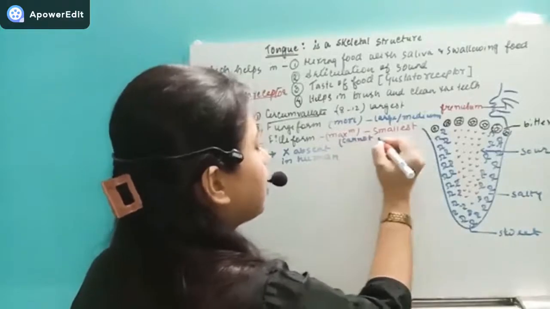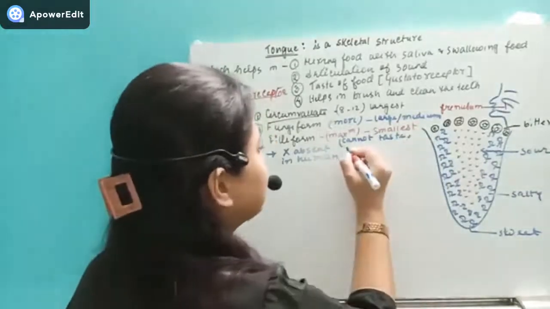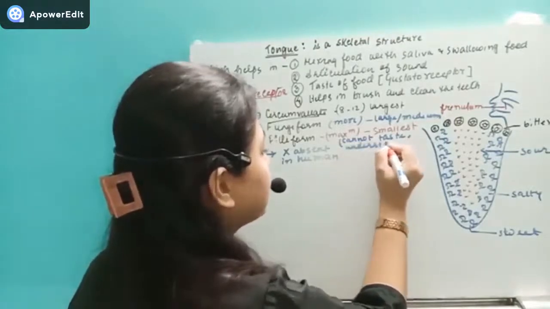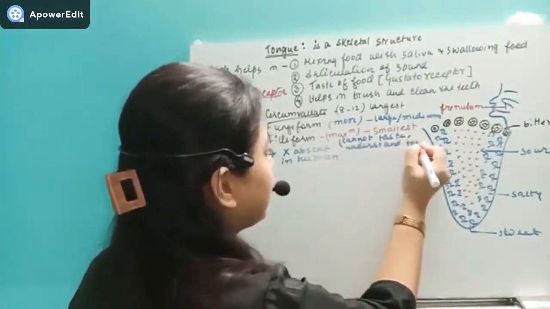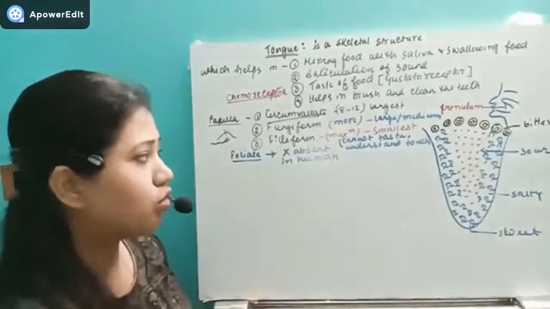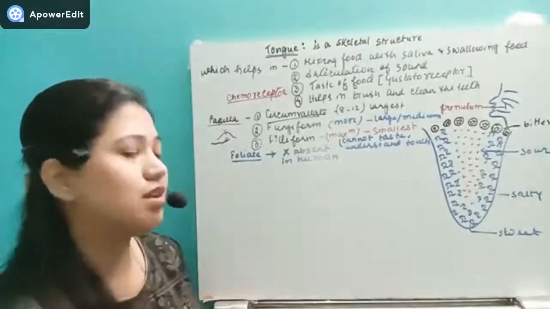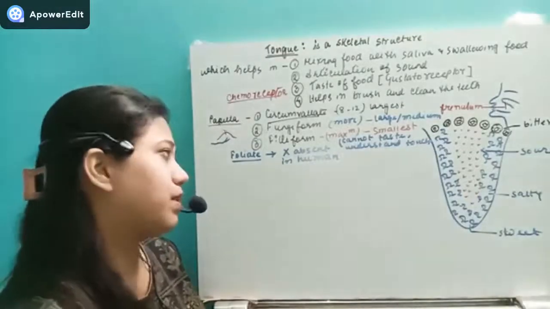Rather, it can understand touch. That means it has tactile receptors, but not taste receptors. Remember that this is the filiform type of papillae.